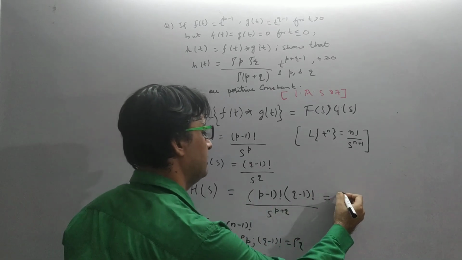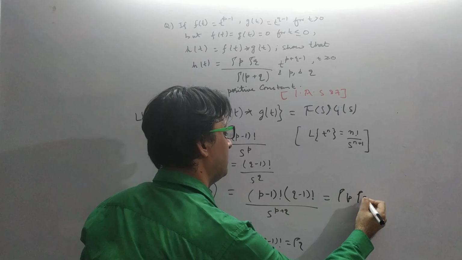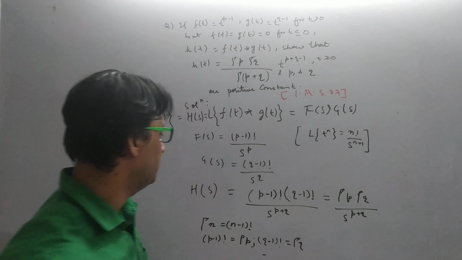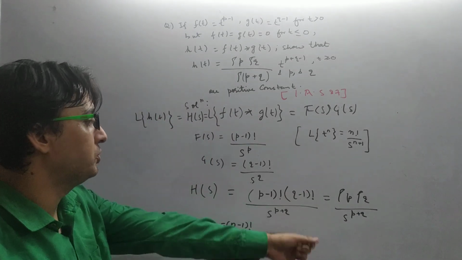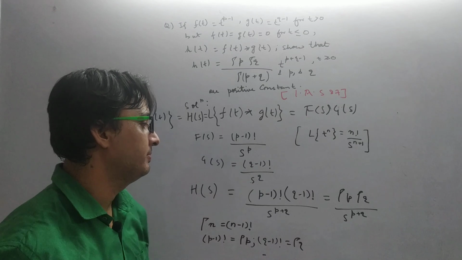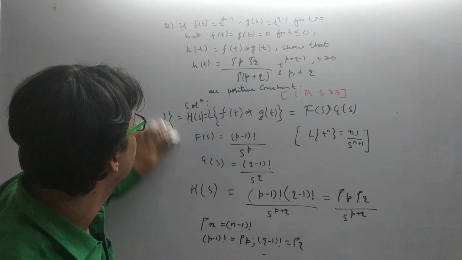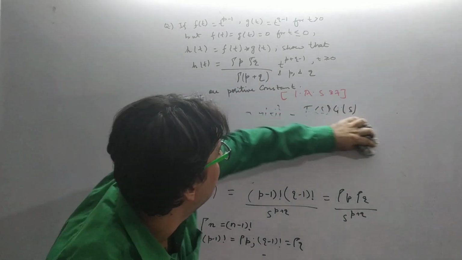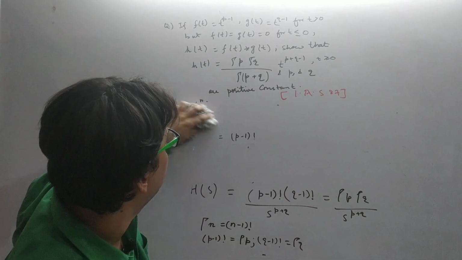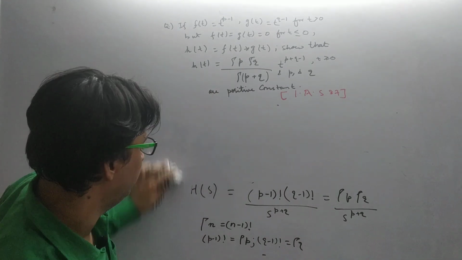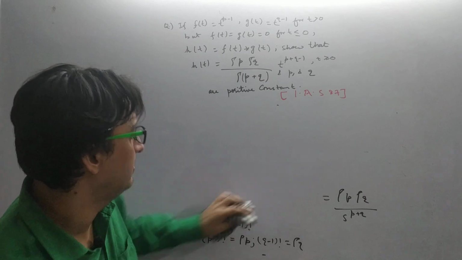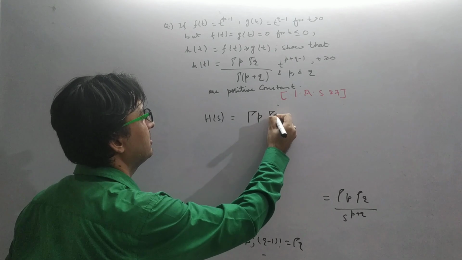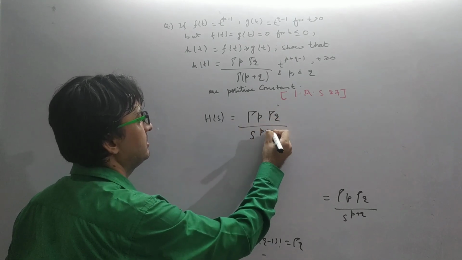So this becomes gamma p into gamma q divided by s to the power p plus q. Now all we have to do is take the inverse Laplace of this one. So H(s) is gamma p gamma q divided by s to the power p plus q.